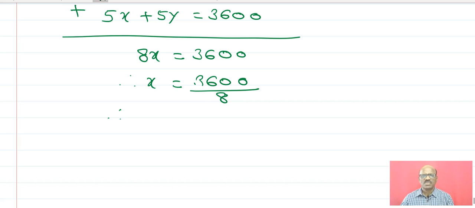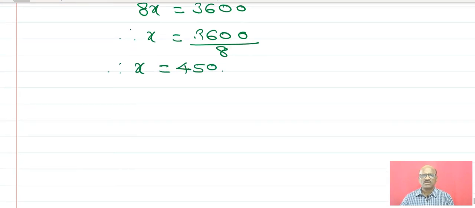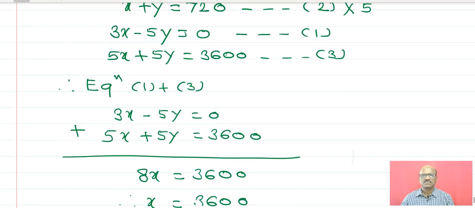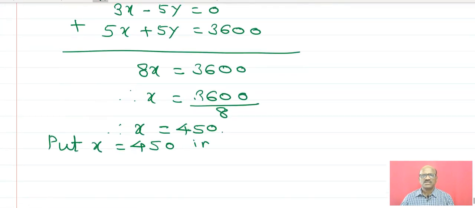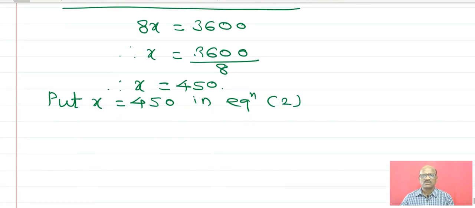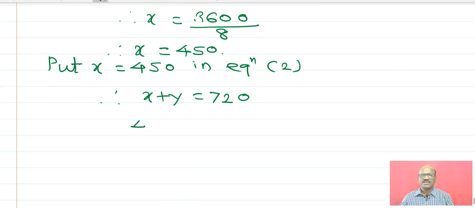Therefore x is equal to 450. Put x is equal to 450 in equation 2. Therefore x plus y is equal to 720.